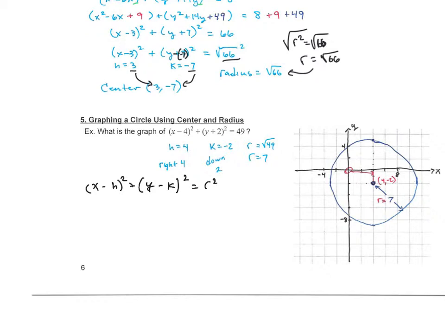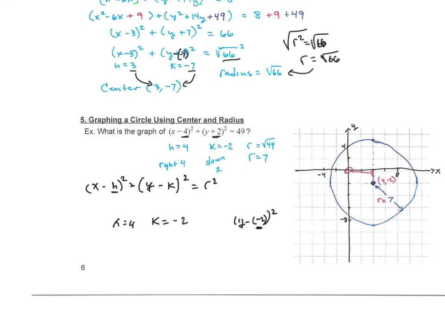So I'm looking here and I should see that h should be 4. And right here we have a negative, that should be rewritten as y minus negative 2 squared. So k is actually going to be negative 2.